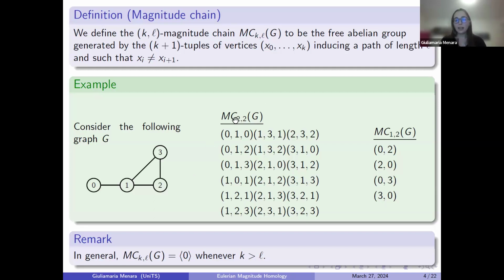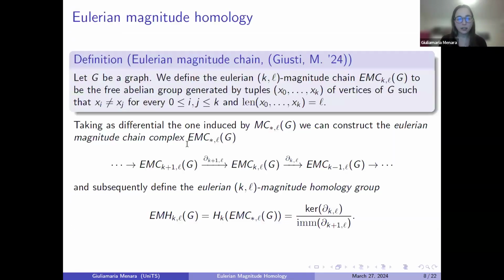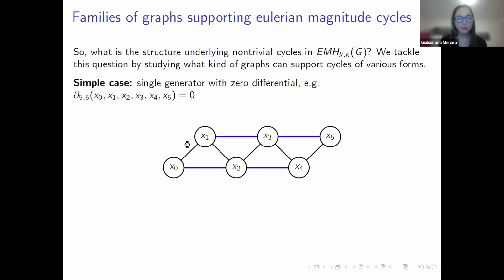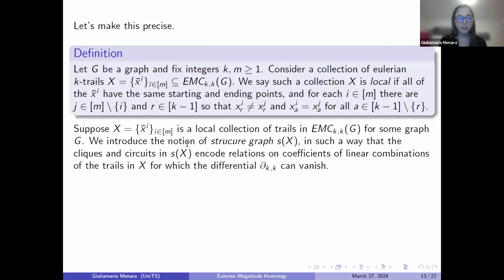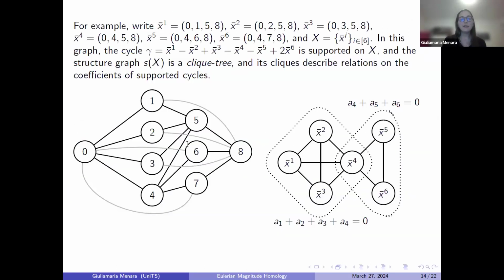When you pick K smaller than L, the complexity grows very, very fast, because I need a bigger graph. If I just give you 0 and 8 and nothing in between, then you might go through 0, 1, 5, 8.